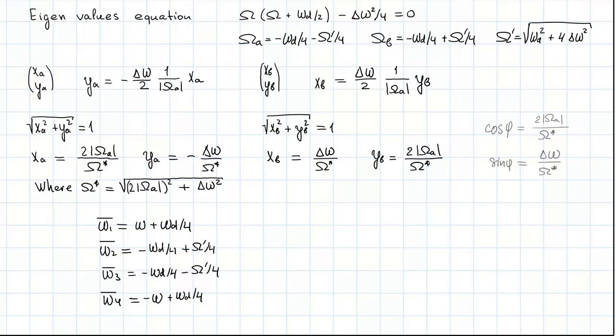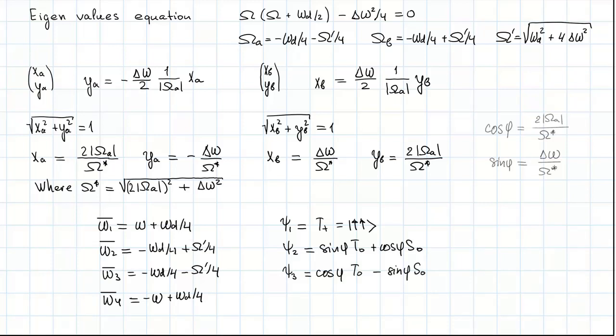Also, we have four eigenvectors which correspond to these eigenvalues. They are t plus, sine phi t0 plus cosine phi s0, cosine phi t0 minus sine phi s0, and t minus. Here I will just briefly remind you that t0 and s0 are given by the following expressions.